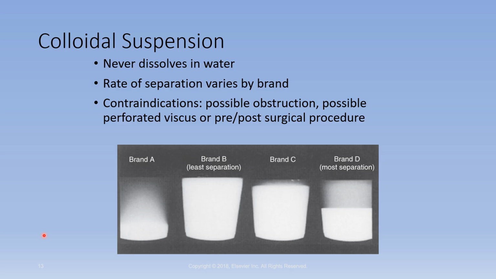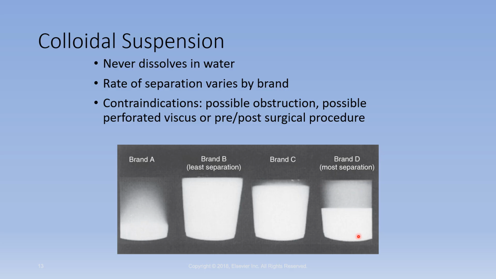It's always going to separate, which is what they're showing you in this picture here, which is figure 12.47 on 473. So this brand B has the least amount of separation. I'm assuming they all sat for the same time frame, but this one has the most separation. So eventually what will happen, kind of like with oil and vinegar, you can shake them up and they'll stay together, but eventually they will layer out and the oil will settle and the vinegar would rise.